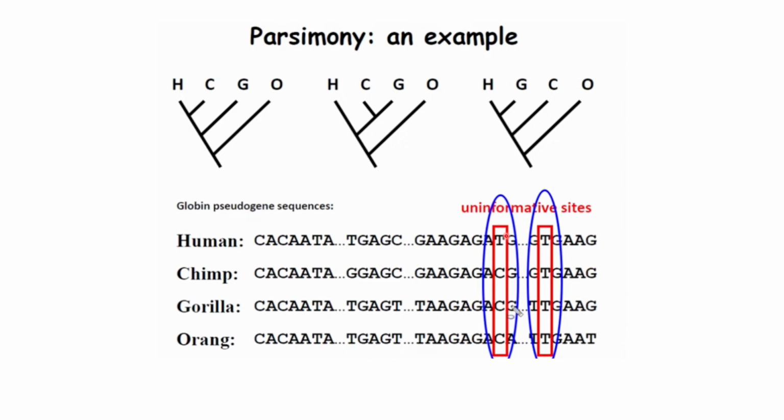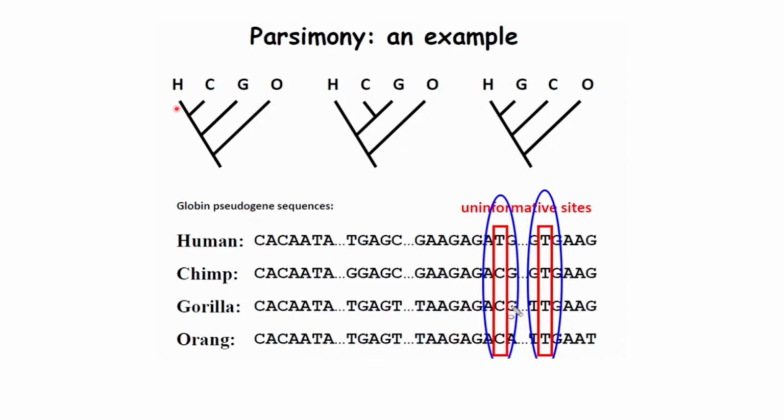So here is an example of another site where only the humans have a T while the others have a C. So this doesn't help us either because the three organisms have an ancestral allele while the humans have the derived allele. So to build a tree, we need shared derived alleles. It doesn't really help, because when we try to map where the T in the humans evolved, it could be anywhere.